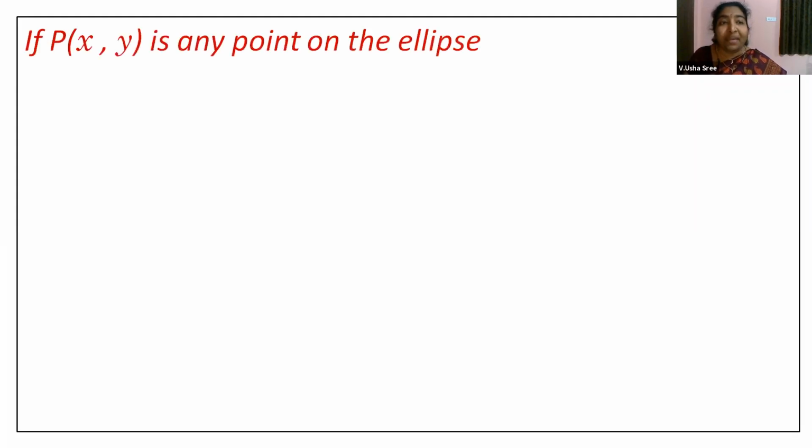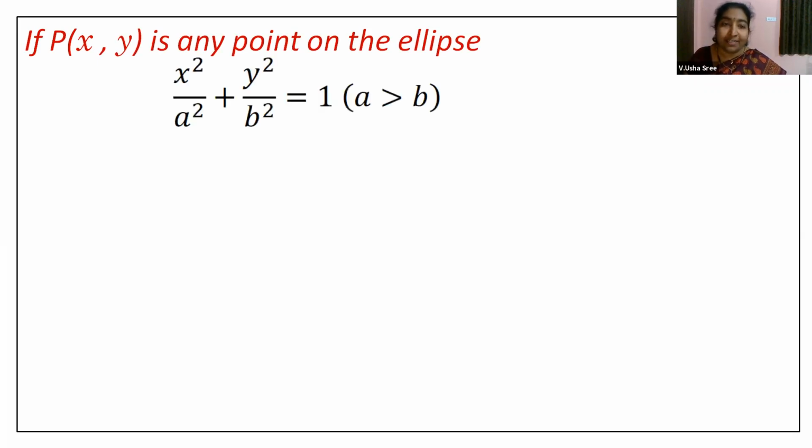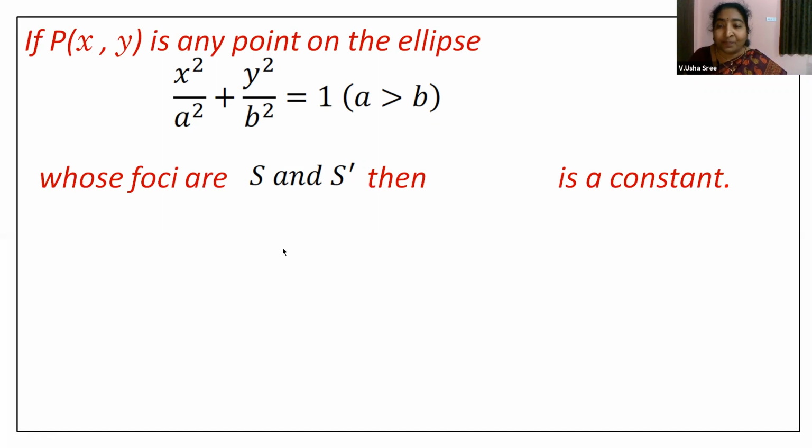If P(x, y) is any point on the ellipse x square by a square plus y square by b square equal to 1, where a is greater than b, whose foci are S and S dash. S and S dash are the foci of the given ellipse. Then we have to show that SP plus S dash P is a constant.